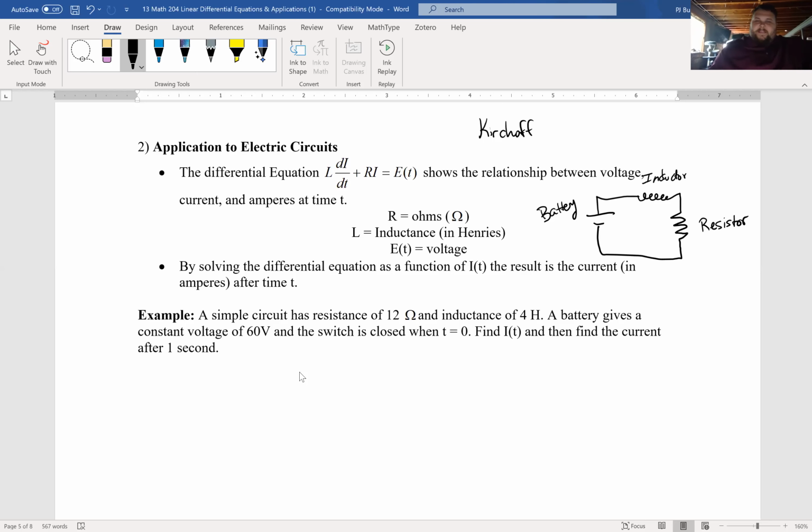So what this equation says, and note that E here is voltage.